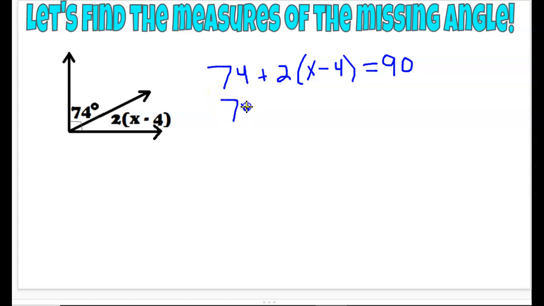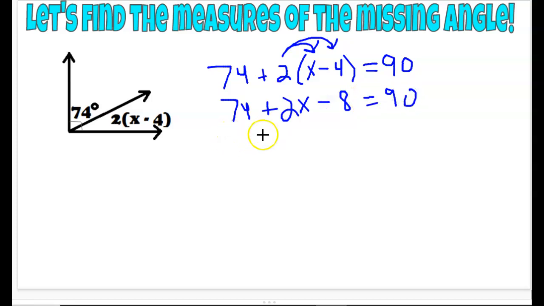So I have 74. Now, if you remember from way back, we have to distribute the 2 to everything in the parentheses. So we should end up with 2x. Now 2 times 4 is 8. There's a minus sign in the middle, so we put that in there. This equals 90. Okay, we're getting there. Now, I'm going to draw my ladder because now I have to get to the point where I'm solving.